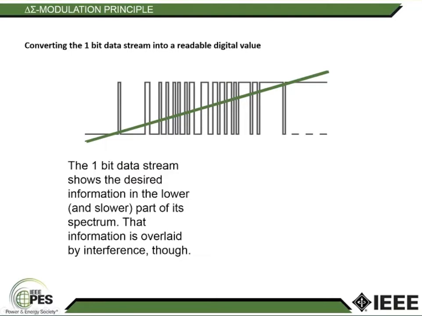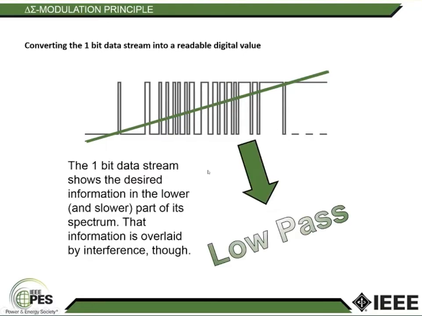So in other words, the 1-bit data stream shows the desired information in the lower and slower part of its spectrum. That information is overlaid by interference though. So what does that mean? That simply means we need a low-pass filter to actually get a readable value.